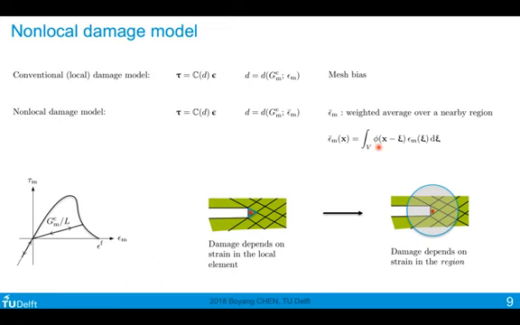So then you can construct this weight function. Typically, if you evaluate the damage variable at a location x, for instance, at this point, the strain evaluated at this point would carry a higher weightage than somewhere here, for instance. So you can sometimes design a Gaussian type of weight function where it peaks at this point, the weightage is highest here, and then gradually decreases to 0 towards the boundary of this region. So this is a non-local damage model.